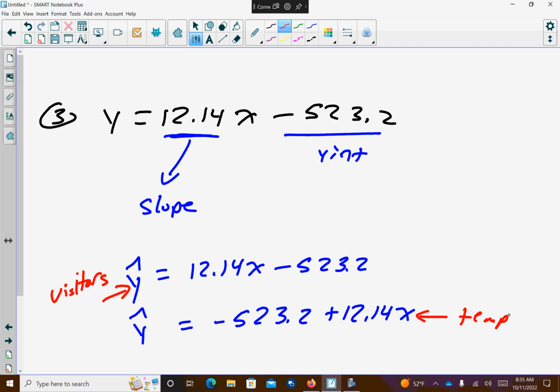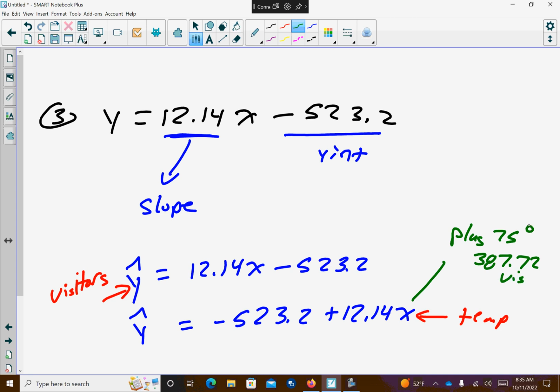Okay? So there's different things you could do if you wanted to see how many visitors you'd have when it was 73 degrees, or 75 degrees: you plug in 75, you do the math, and it would come out to this many visitors.